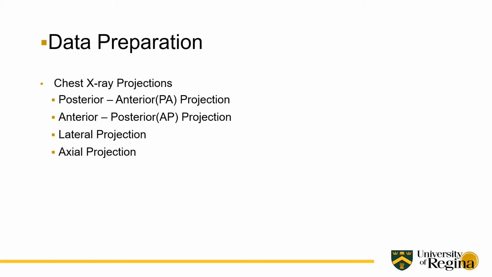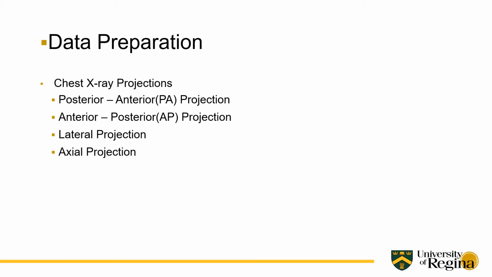The first one, which is the most common projection, is called posterior anterior projection. This is acquired by making the person stand up and by passing X-rays from the posterior to the anterior of the person's chest.